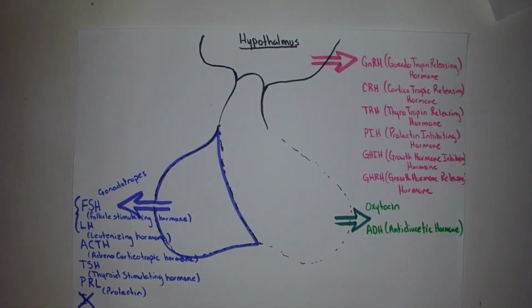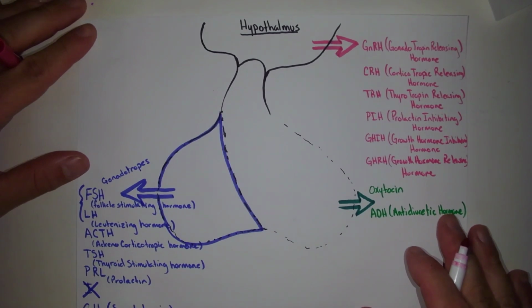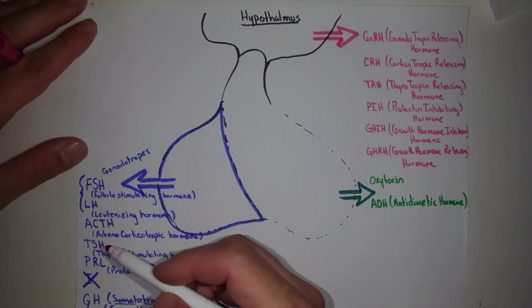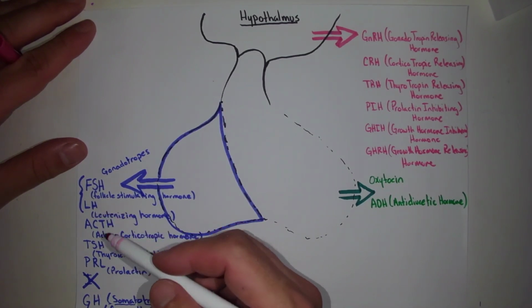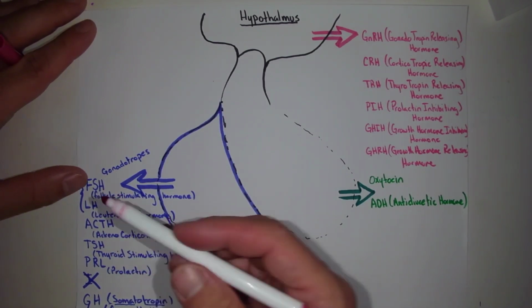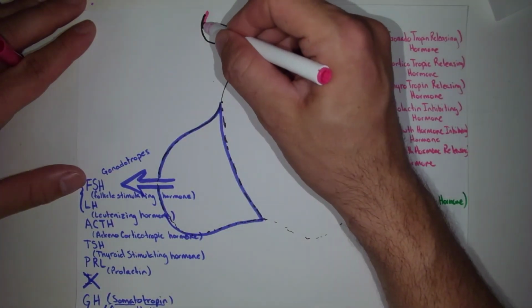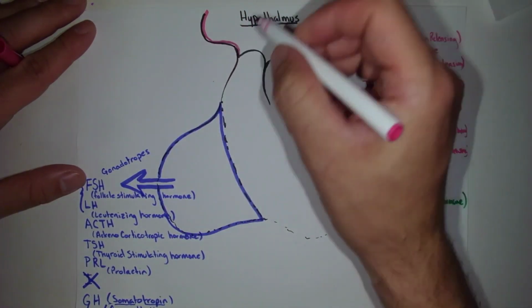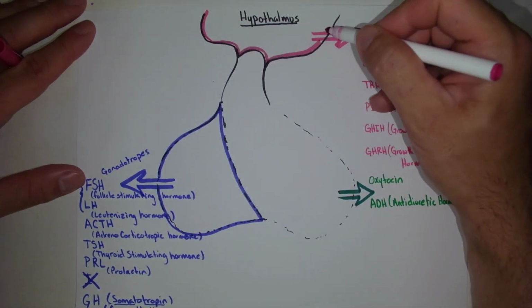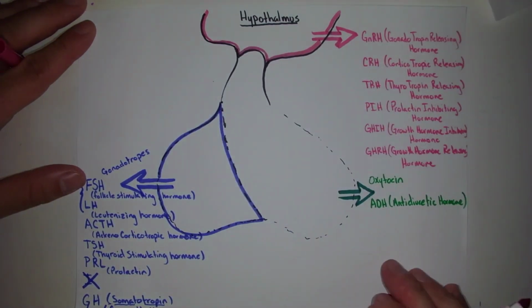And it's nice coming up with that acronym FLAT-PIG, because every one of these anterior pituitary hormones corresponds, though they are completely different hormones, to one of the hypothalamic hormones that is going to cause them to be released.